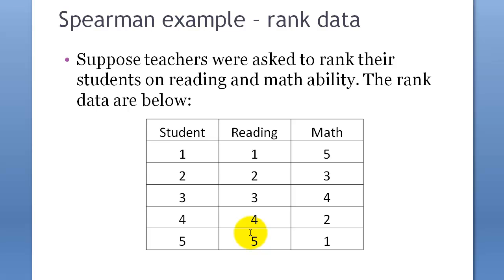That's going to affect the hypothesis, and you can't use the Pearson correlation anymore because of that. So the Spearman correlation is what you use in this case. But how?